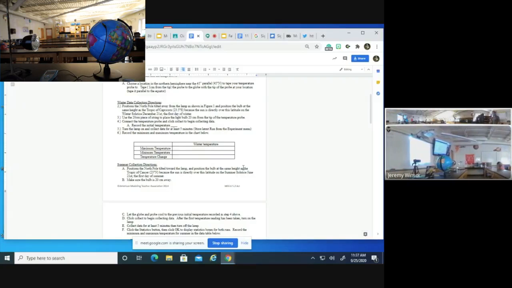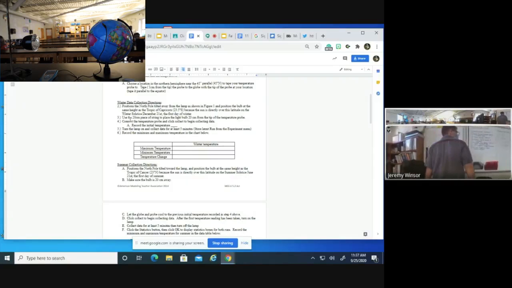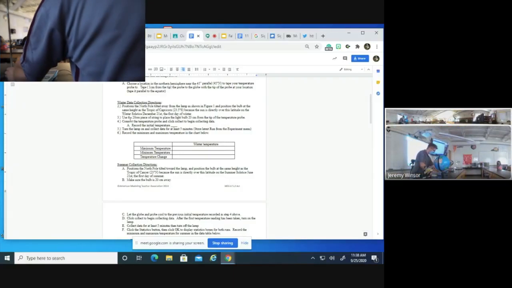It then wants us to use a 20 centimeter piece of string to place the light bulb 20 centimeters from the tip of the temperature probe. So I'm going to use a measuring device for this. I'm going to move it closer so that it's 20 centimeters away.